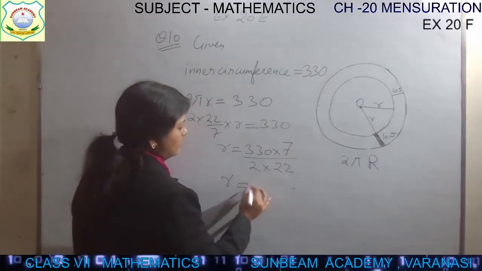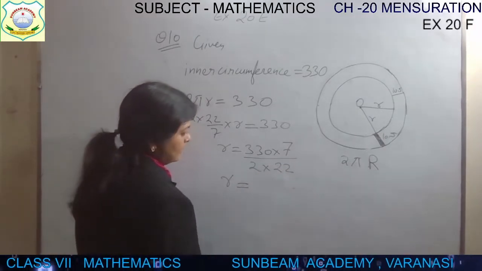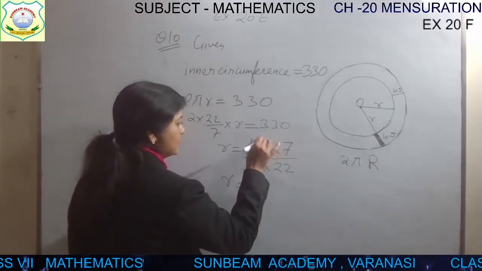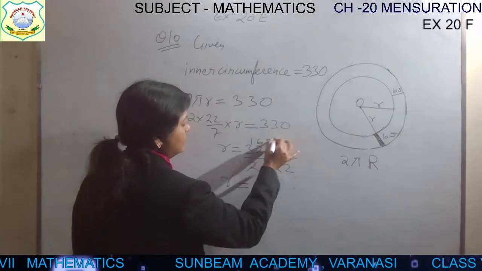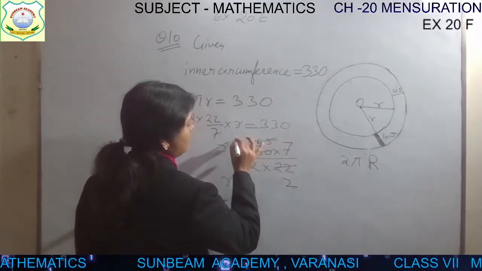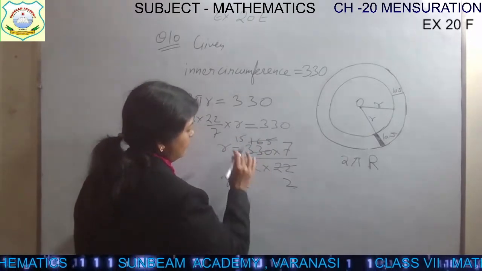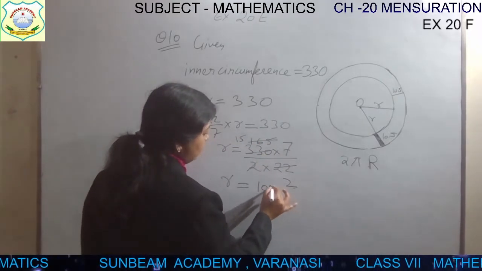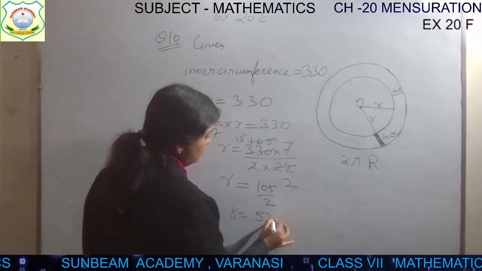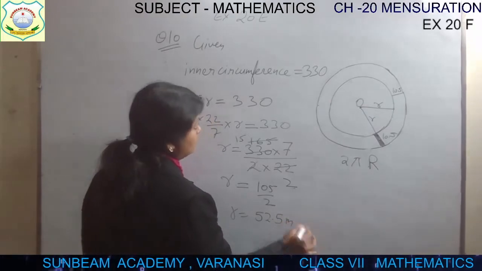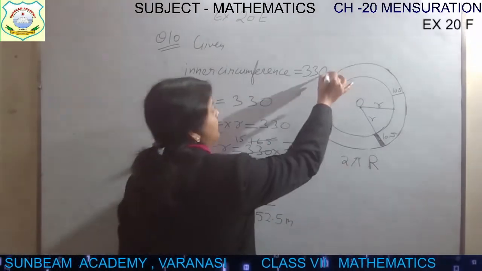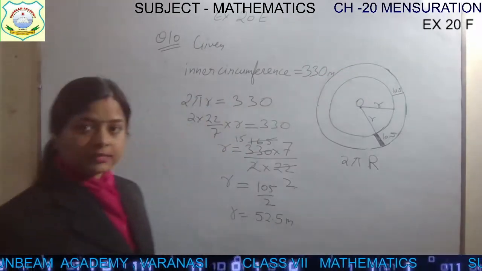So the radius will be equal to, let's cut down. 2 1s are 2, 2 6s are 12, and 2 5s are 10. 11 2s are 22, 11 1s are 11, and 11 5s are 55. 15 7s are 105 by 2, or the radius will be equal to 52.5 meter, because the circumference is in meter.